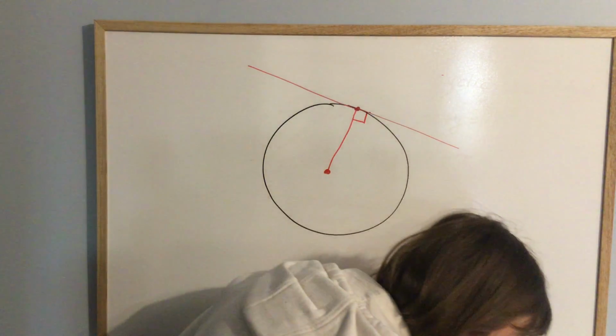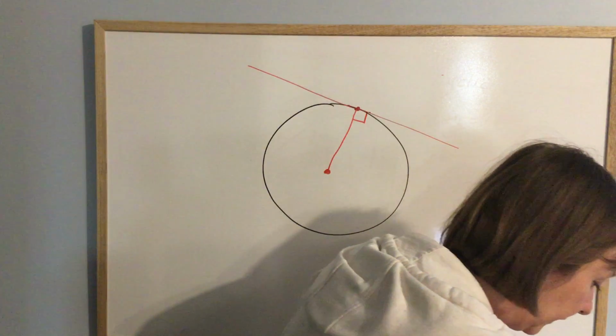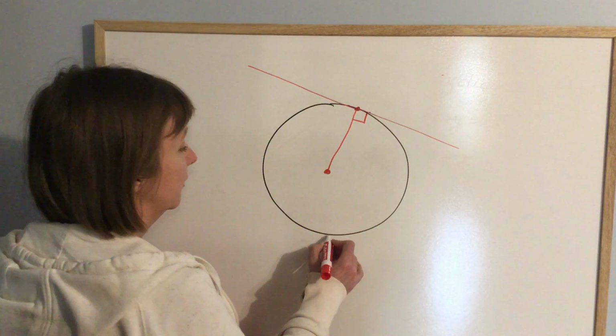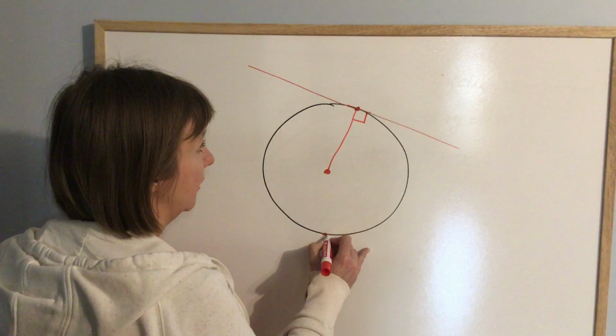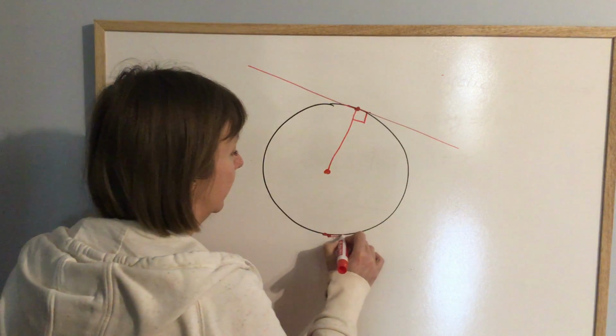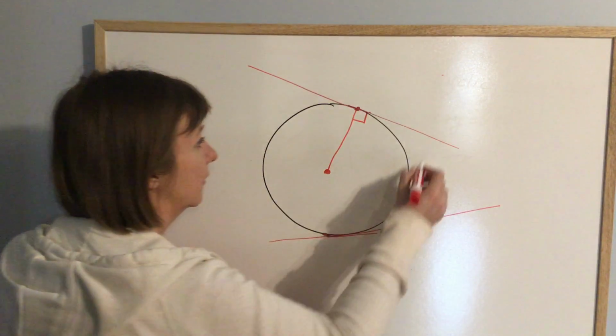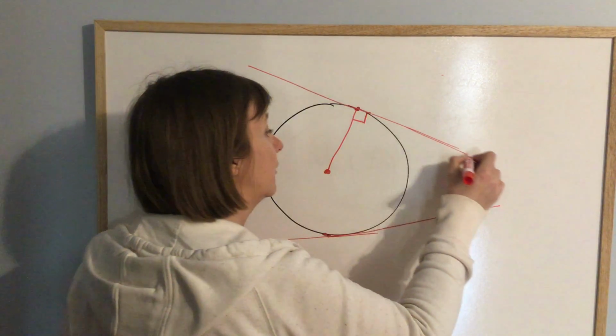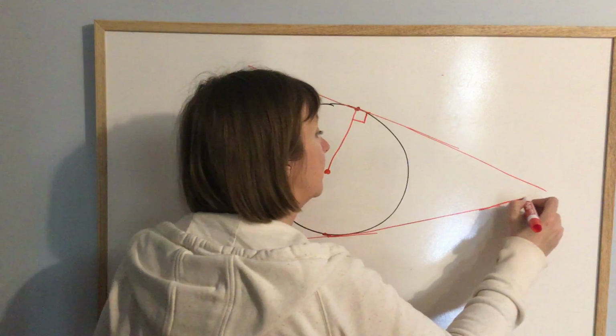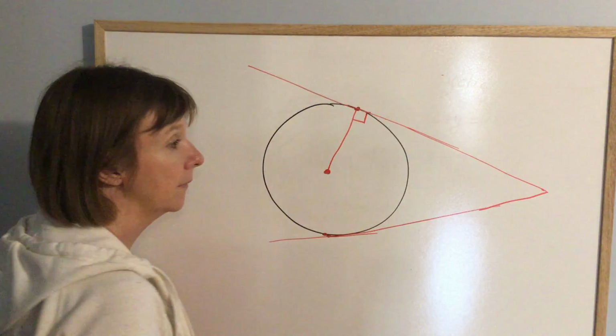And then it said if you have another tangent line, so let's say you had one on this side, okay, and it came out like this. At some point, these two tangent lines are actually going to meet up, okay?